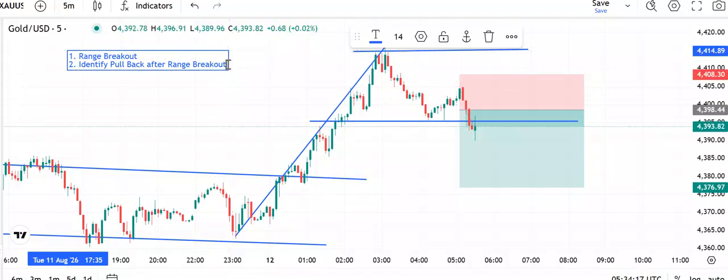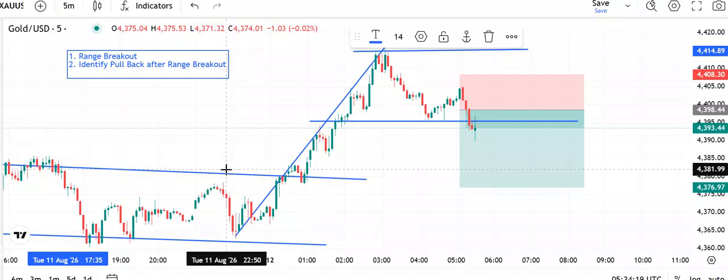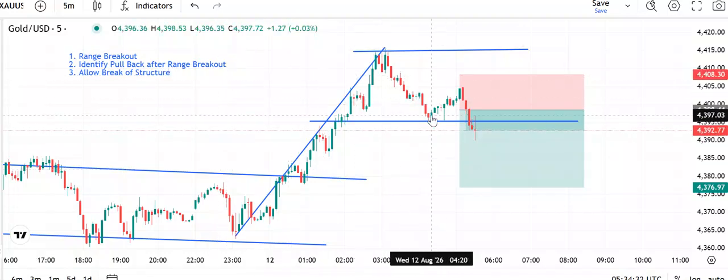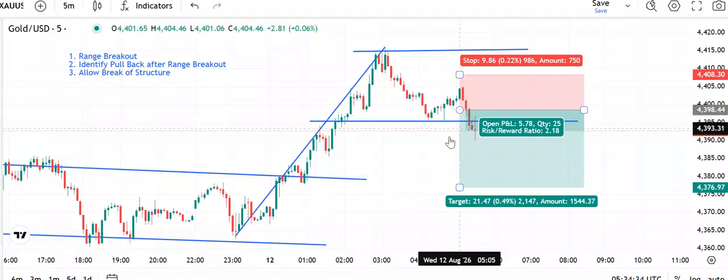And point number 3, allow break of structure to occur. You have the pullback, then this is a break of structure.